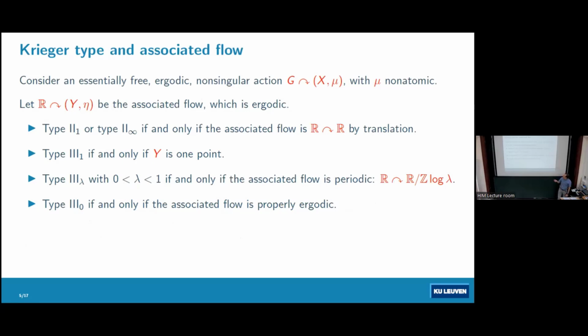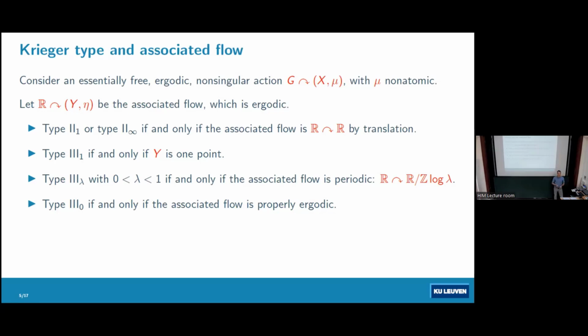The type 3-1 case is when the associated flow is trivial, meaning that the Maharam extension remains an ergodic action. Type 3 lambda is the case where the associated flow is periodic. So when it has this period, so it's the translation action on R mod Z log lambda, then the action is said to be of type 3 lambda.